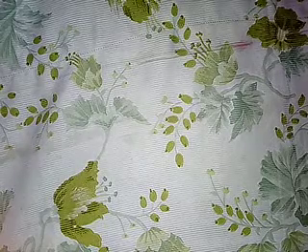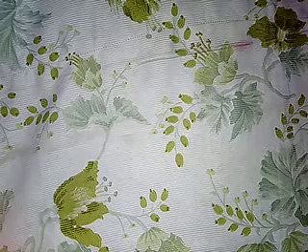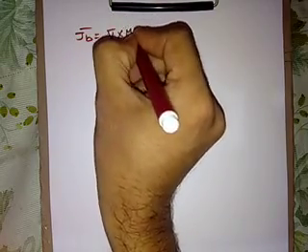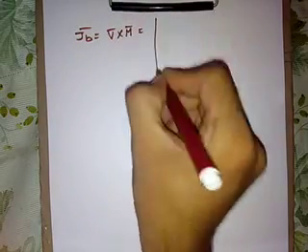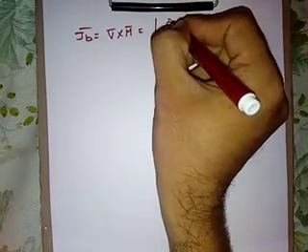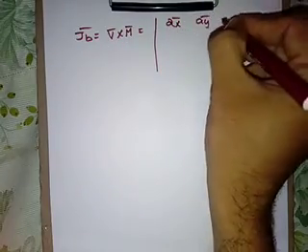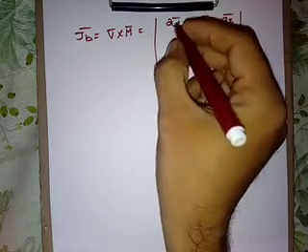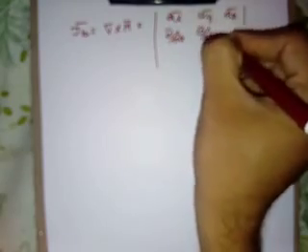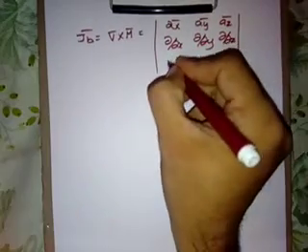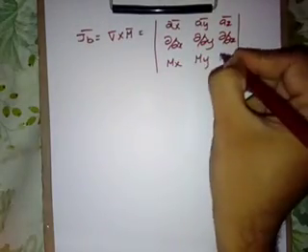Last one, bound current density, that is given by JB bar is equal to del cross of curl of M bar, that is determinant of Ax bar, Ay bar, Az bar, dou by dou X, dou by dou Y, dou by dou Z. Then whatever is the M component, write it here. That is Mx, My, Mz.